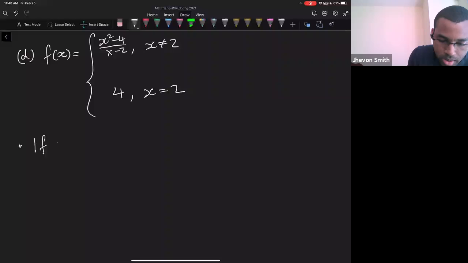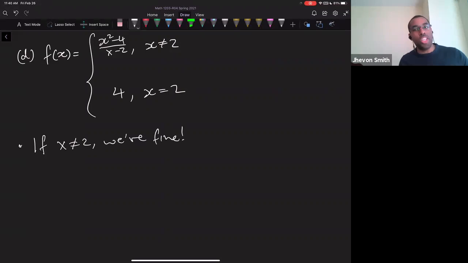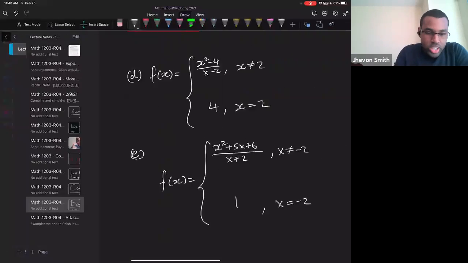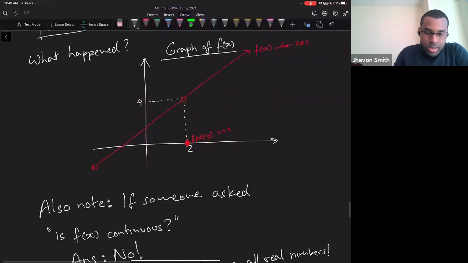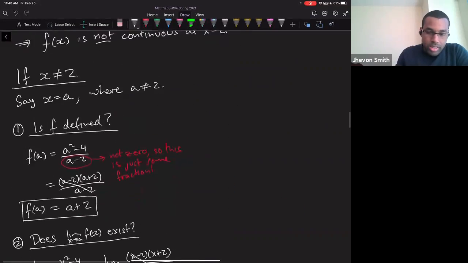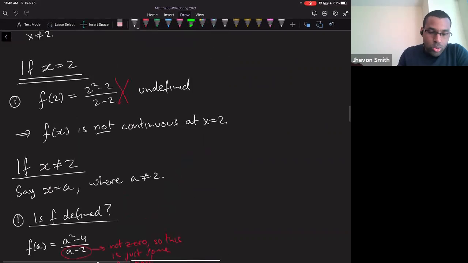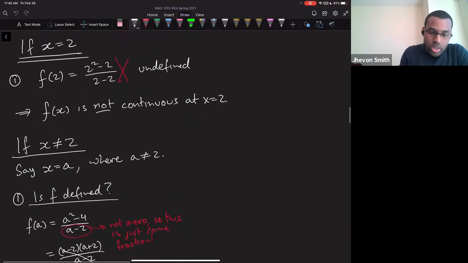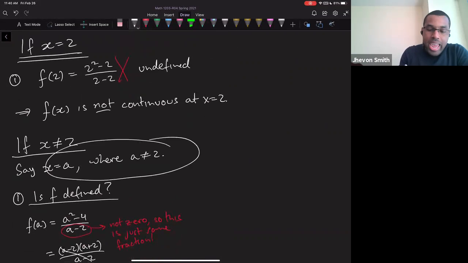well, if x is not equal to 2, we're fine, right? Now, you don't have to justify that, as I've been saying, because that's actually you applying the concept of what an elementary continuous function is, and justifying that would look something like this, which I don't want you to have to go through. Justifying that would look something like you just pretending, oh, we're looking at some random value A, which happens to not be 2.